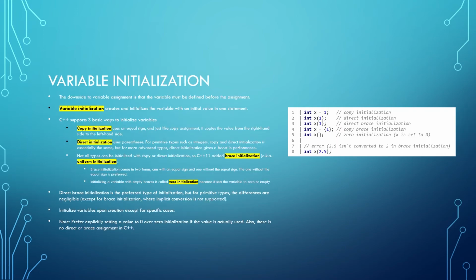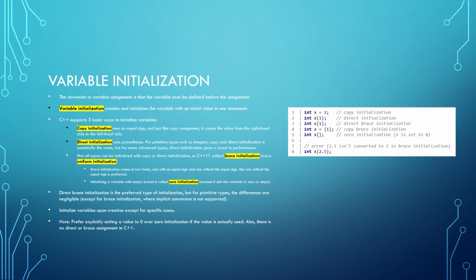So variable initialization creates and initializes the variable with an initial value in one statement. C++ supports three basic ways to initialize variables: copy initialization, direct initialization, and brace initialization.